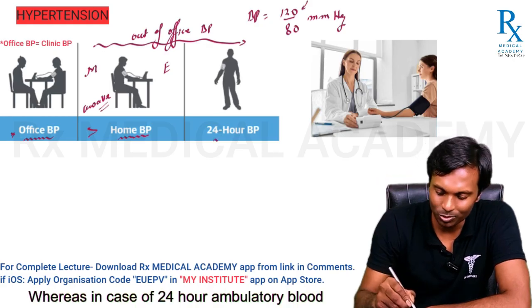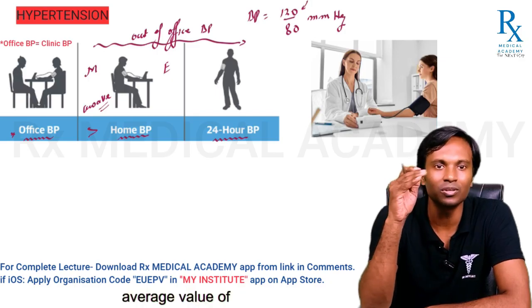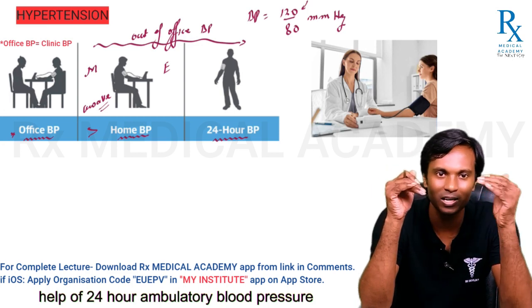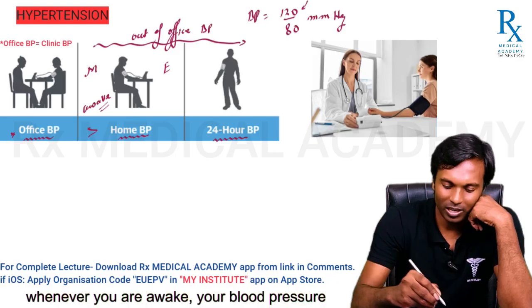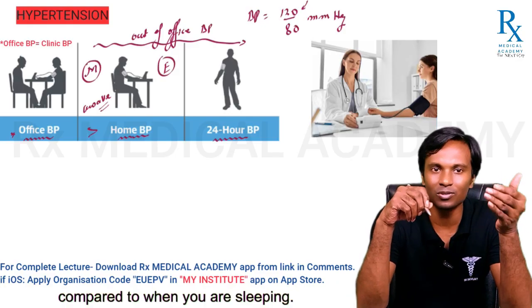Whereas in case of 24-hour ambulatory blood pressure monitoring, the average value of day and night blood pressure is taken with the help of a device. Try to understand, whenever you are awake, your blood pressure is slightly more compared to when you are sleeping.